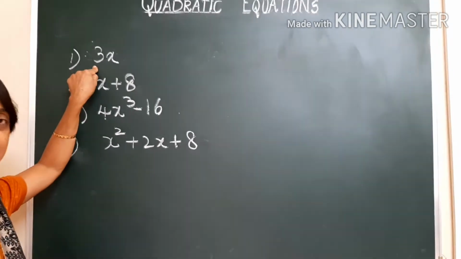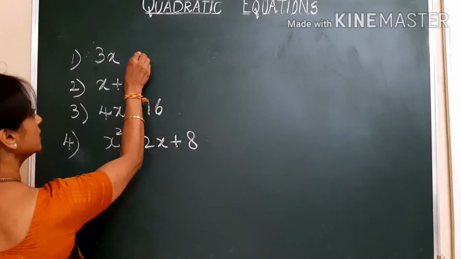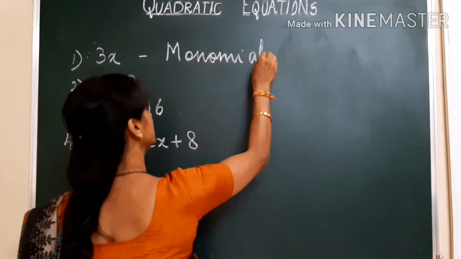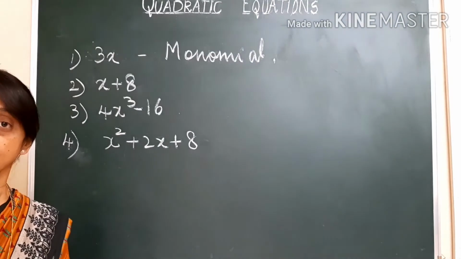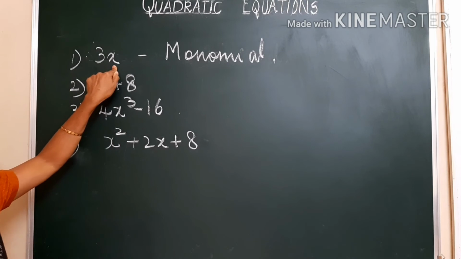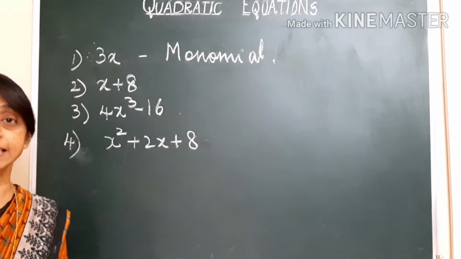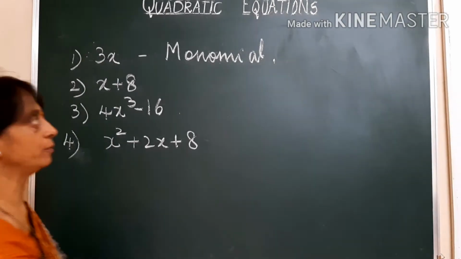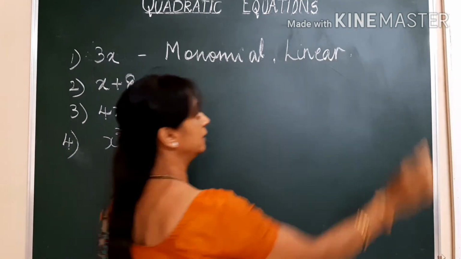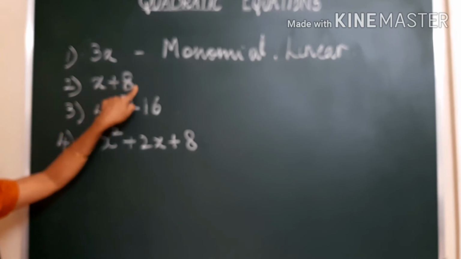Now 3x is only one term, so you can call it a monomial. Let us look at the degree of the variable. The degree of the variable in 3x is 1. So you can even call it a linear polynomial. Let's move on to the second example, x plus 8.